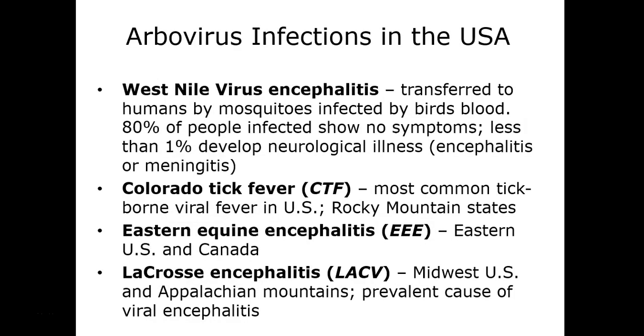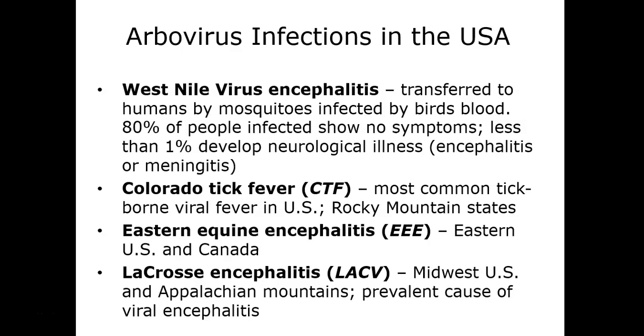So let's talk about some of the arbovirus infections prevalent in the United States. We have West Nile virus, which is transferred via mosquitoes from bird blood. 80% of folks show no symptoms, and less than 1% will develop a neurological illness such as encephalitis.